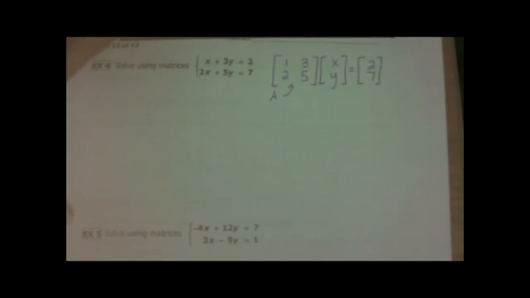And remember, this right here, this is our A. So first thing we want to do, find our determinant of A, which is 1 times 5 minus 2 times 3, which is 5 minus 6, which is -1.